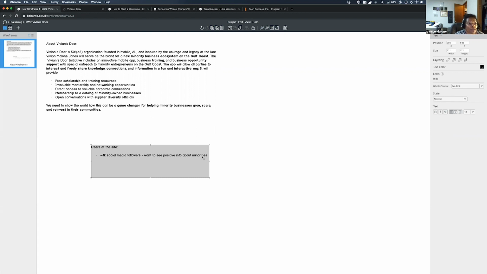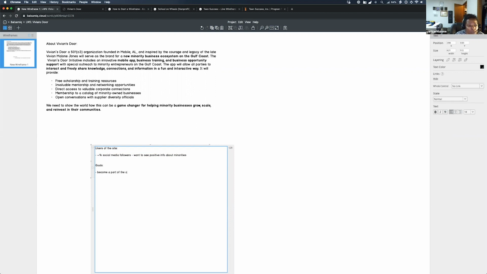What we want those people to do is to obviously be a part of our community, and to enjoy not only the content that we've got there, but to use and support these minority businesses. But in order for us to do what we're doing, obviously we've got to get donations. So it's a lot going on there.